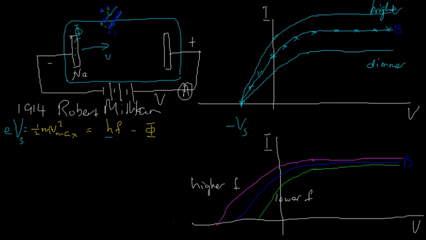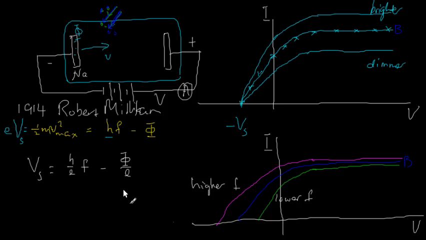Let me rearrange this into this form. Vs is equal to, dividing both sides by e, h over e times f minus phi over e.